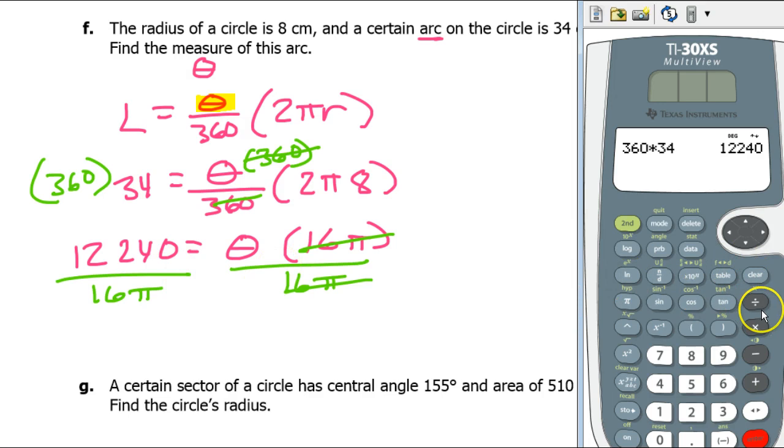I already have that number typed in, so I might as well just go divided by, well, if I do it this way, I've got to use parentheses, so never mind. I'm going to do it this way. 12240 divided by 16 pi. 243.51.